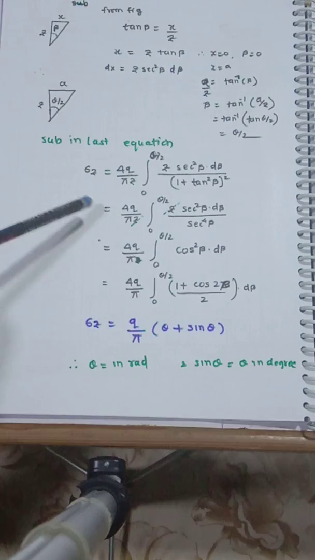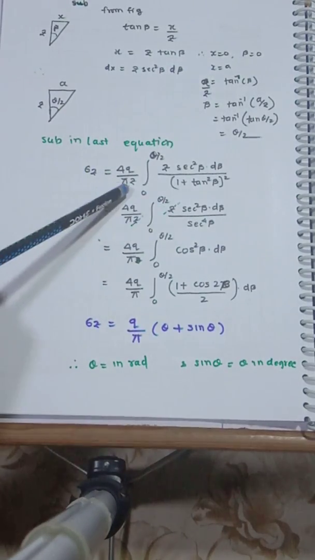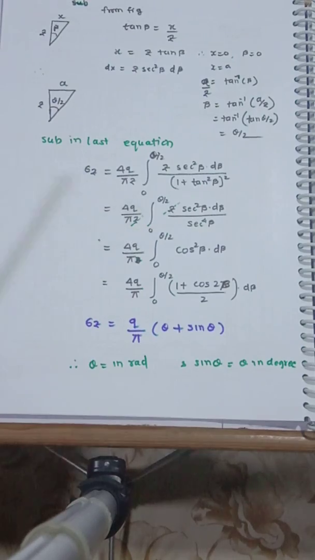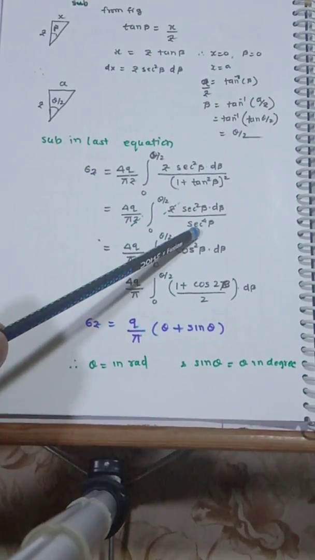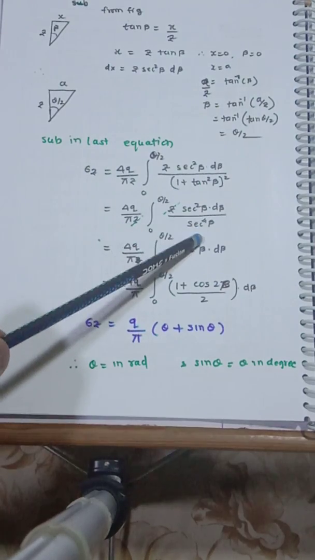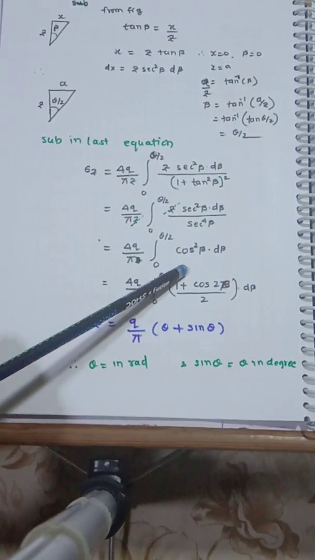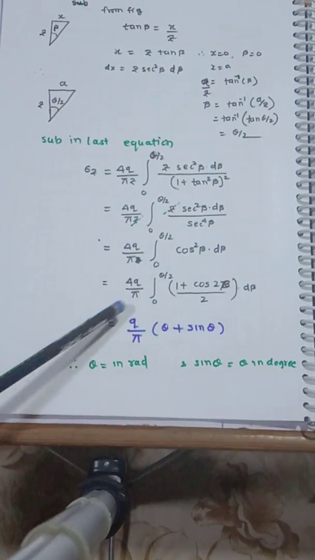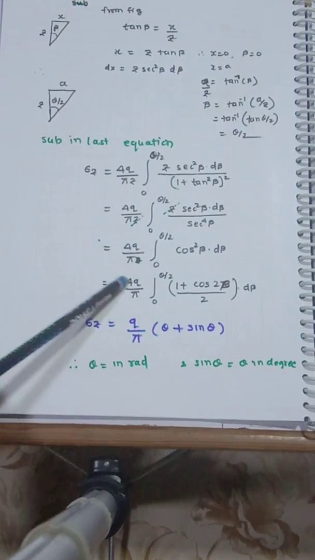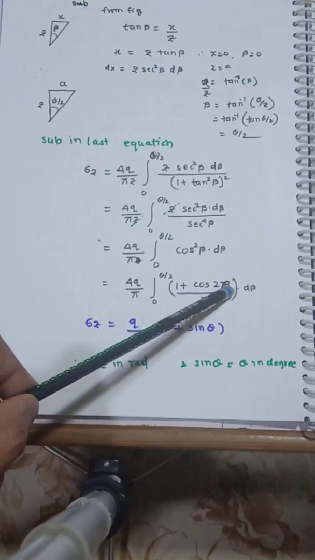So this z gets cancelled, and the remaining part is 1 upon sec square beta, which becomes cos square beta. Okay, cos square beta can be written as 1 plus cos 2 beta by 2, and outside is 4q by pi z. So you can integrate, that is theta plus 2 times sin 2 beta.